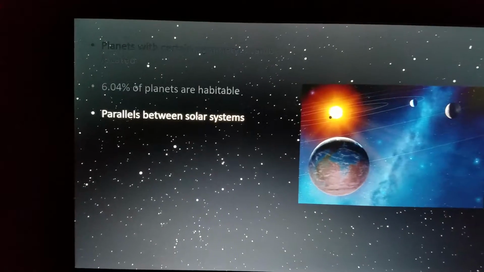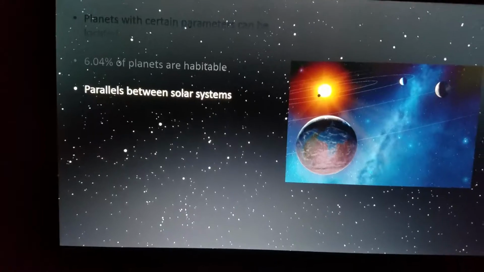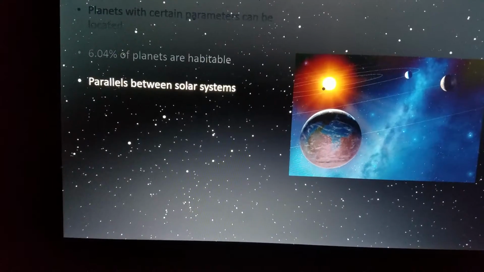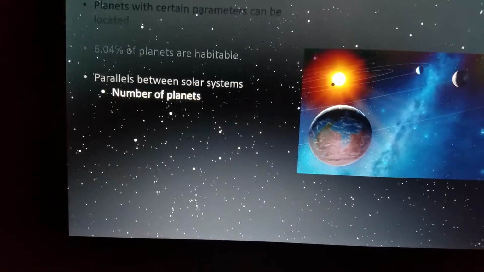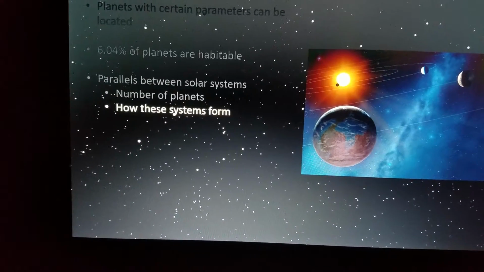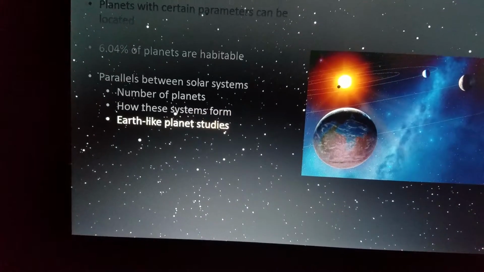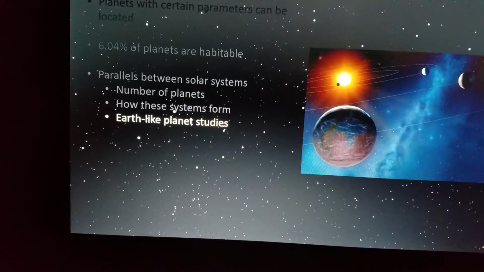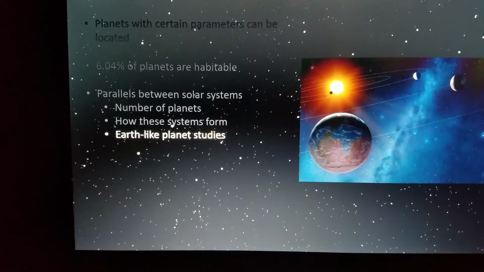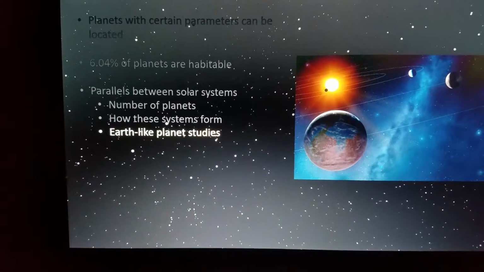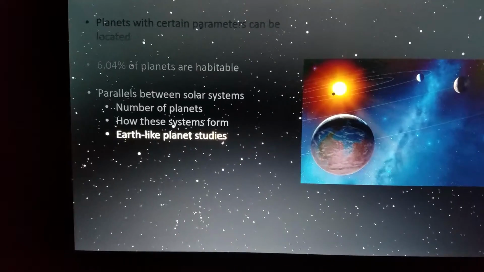We can also draw these parallels between solar systems. Hopefully, if we're able to see these trends in our own solar system and other solar systems, we can infer they were formed the same way, based on the number of planets and how these systems were formed. We can also do long-term case studies with Earth-like planets, such as if one underwent a process similar to the climate change that we see now, which is similar to what we do with the Martian planet.